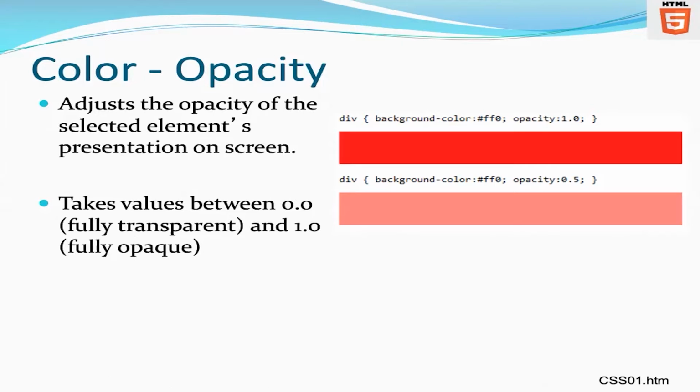In case two blocks are overlapping and you want to set the ordering, which one should be on the top, which should be behind, bring to front, send to back, kind of a thing, you could use the Z-index. And as Suman rightly pointed out, the box which has a higher value for the Z-index will appear in the foreground, and the one with a lower value will be pushed to the background. So you can set the Z order, so to speak.